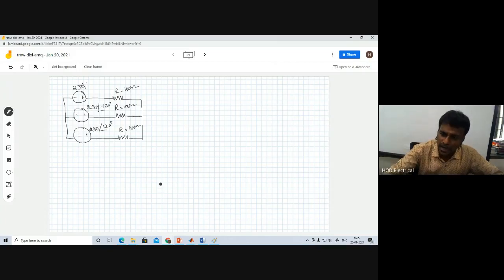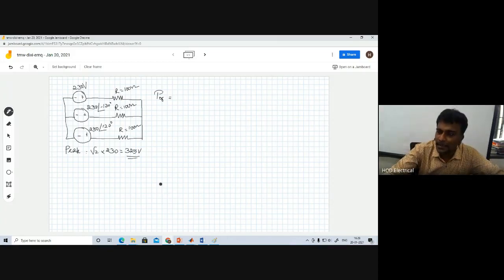Now this RMS value, so the peak value we can write as root 2 into 230, which is approximately 325 volt. After that I will measure the power in the three phase winding.